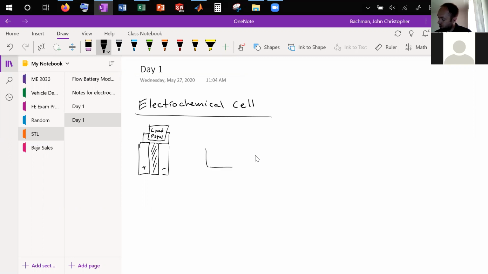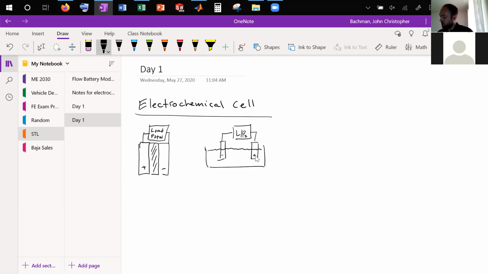Some people doing more analytical stuff might have a beaker or some type of electrochemical cell. And they'll have some negative electrode and some positive electrode that'll sit inside of it. And they'll be connected to this load slash potentiostat, right?